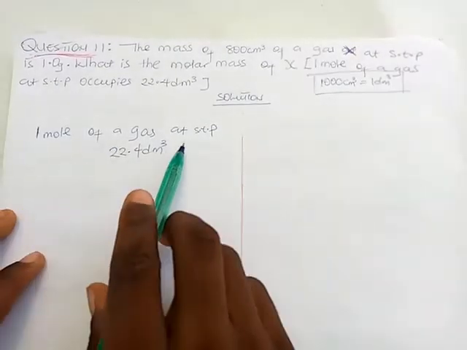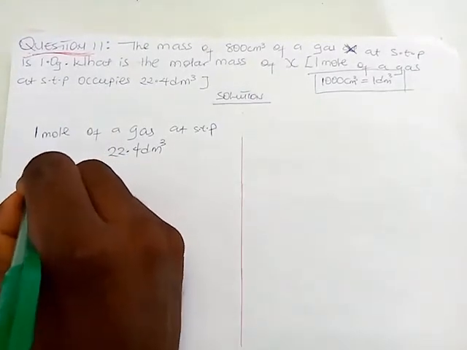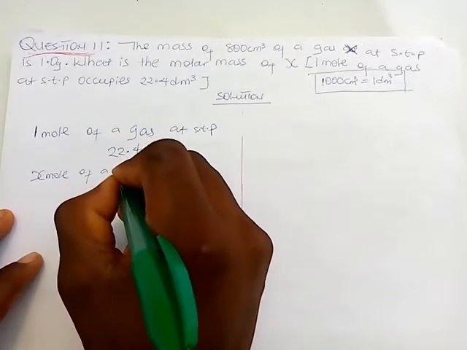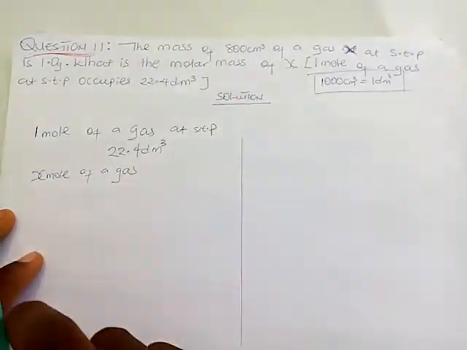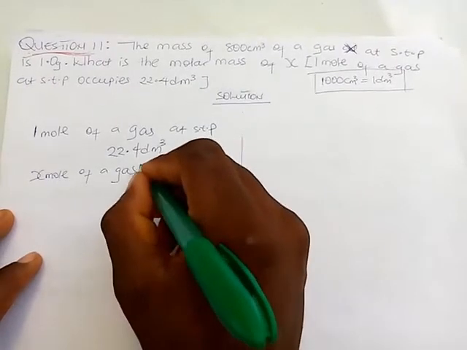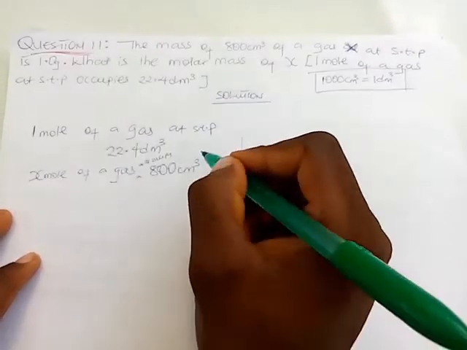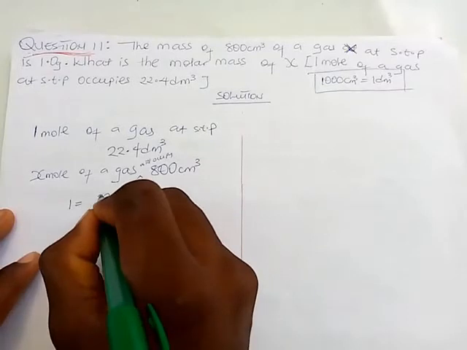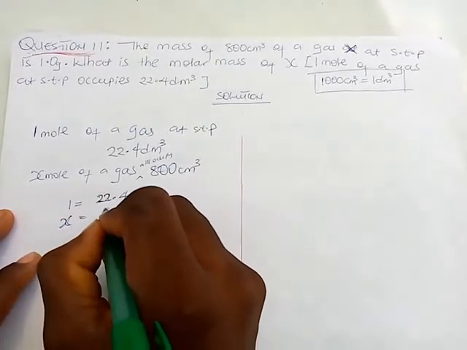So if 1 mole of a gas at STP occupies this, how many moles of a gas at that same standard temperature and pressure will occupy 800 cm cube? That means we have 1 is to 22,400, and x, the unknown, is to 800.